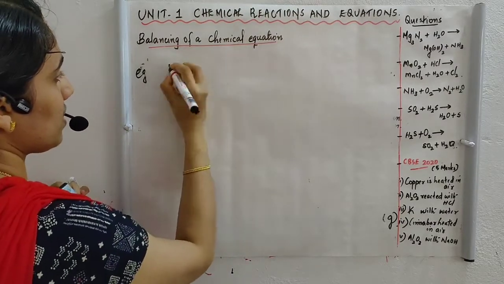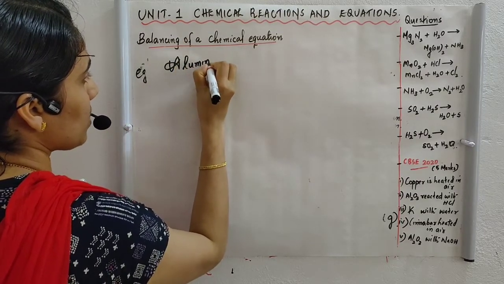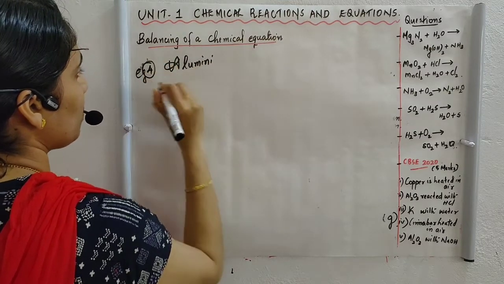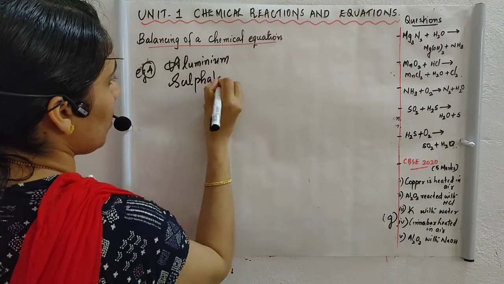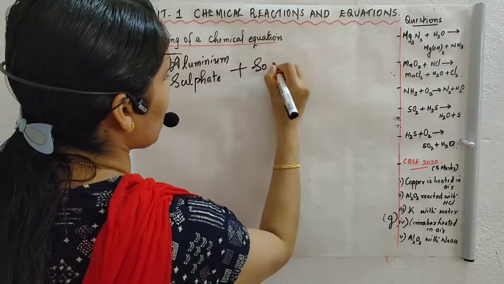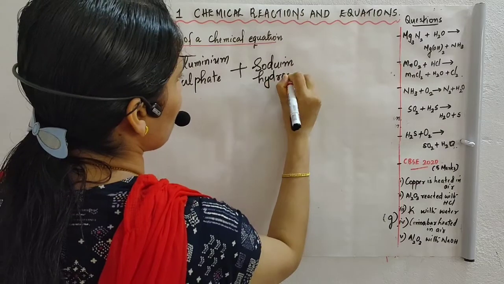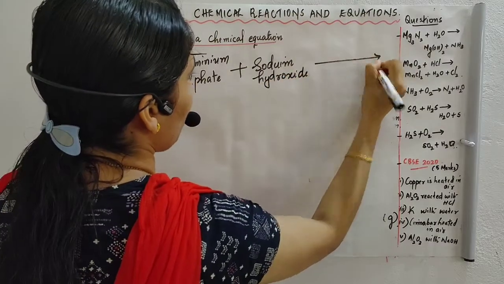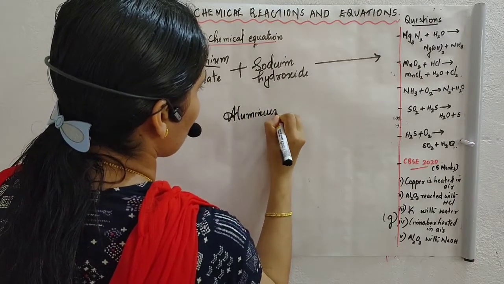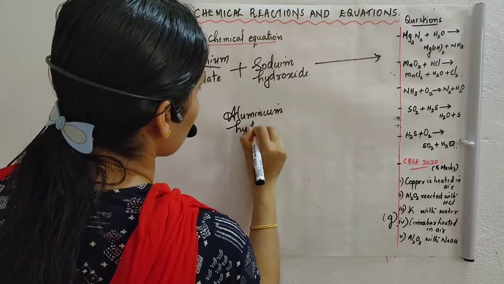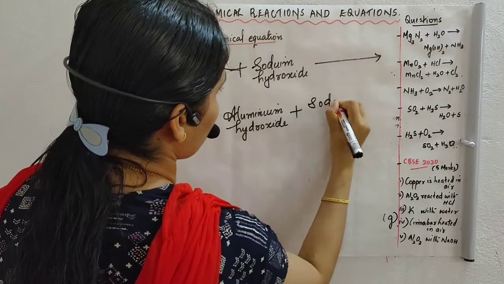Example 4: aluminium sulfate reacted with sodium hydroxide to form aluminium hydroxide plus sodium sulfate.